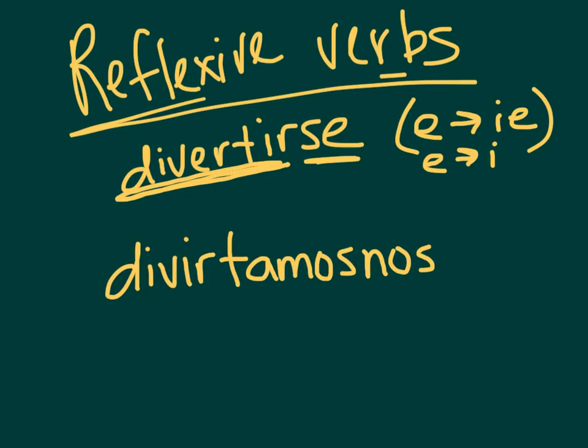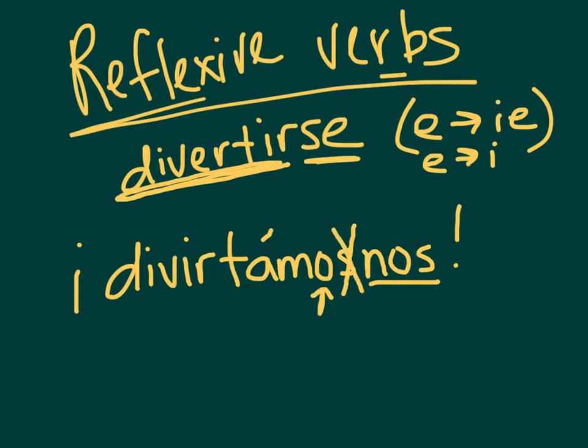So what we do is we drop the S on the mos, and it becomes divertámonos. Again, this is still our verb ending, this is still our pronoun, so we have to have a tilde here. And so our final command is divertámonos, let's have fun, where we've dropped this S in the middle.